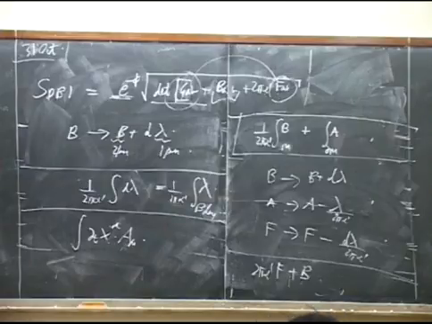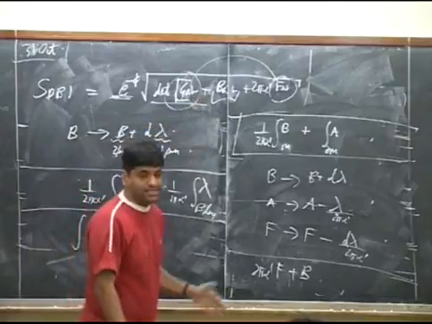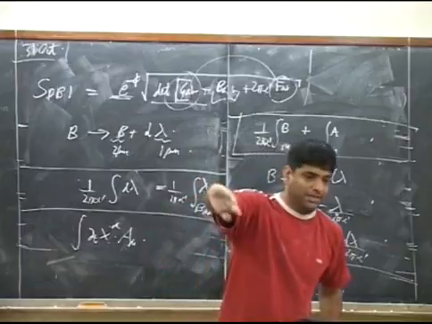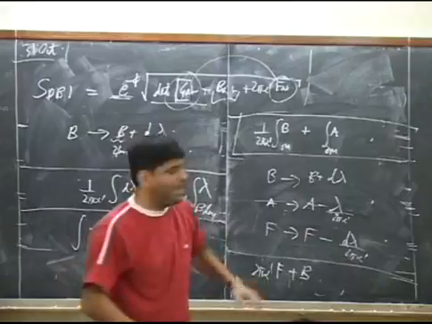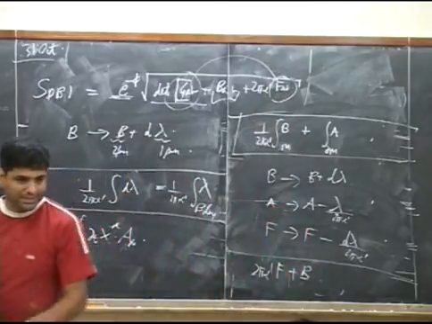Okay? And just to say again what the domain of validity of this formula is. This formula is supposed to work at leading order in a curvature expansion of the shape of the brane, and leading order in derivative expansion of F's and therefore B's.